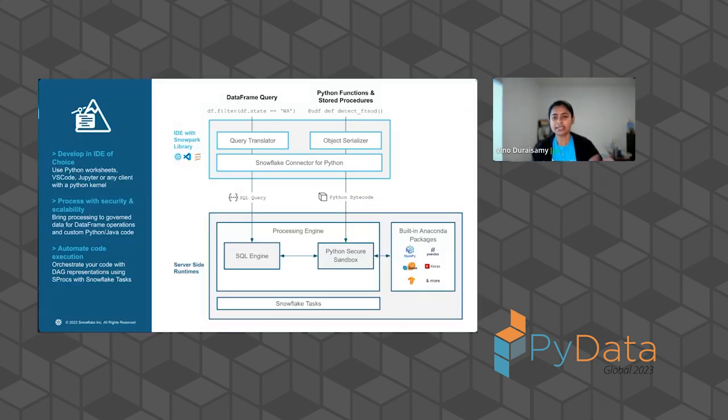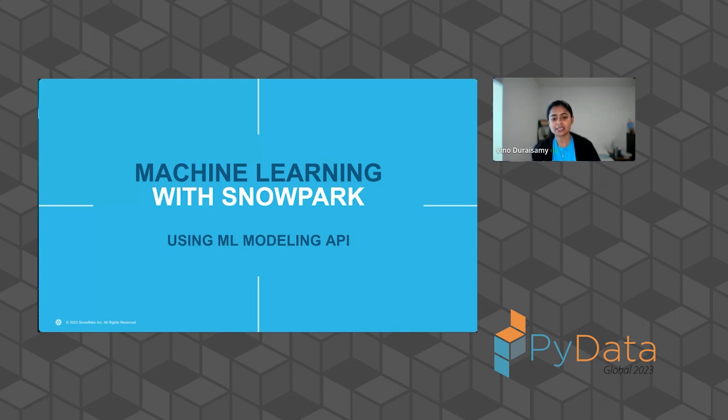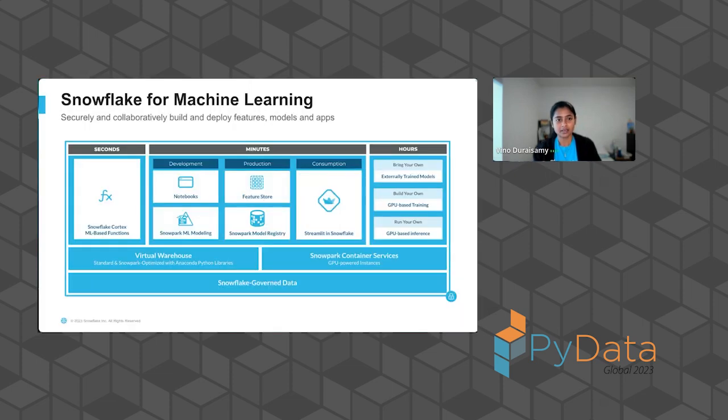We already touched upon a bit of the data engineering stuff, so let's quickly dive into the ML modeling APIs and how you can use them. When we think about machine learning, the offerings vary drastically on a spectrum.